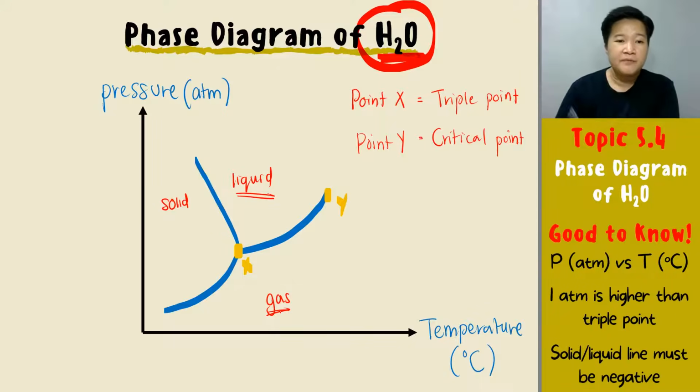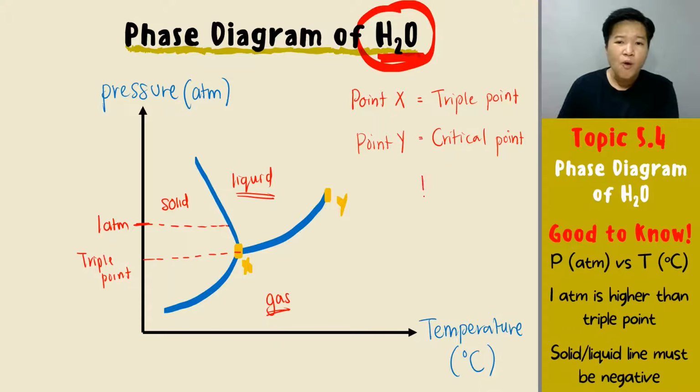Vice versa, 1 atm over here must be higher than your triple point. So you can see that is my position of the triple point for your water. And in water, your 1 atm must be higher than your triple point.